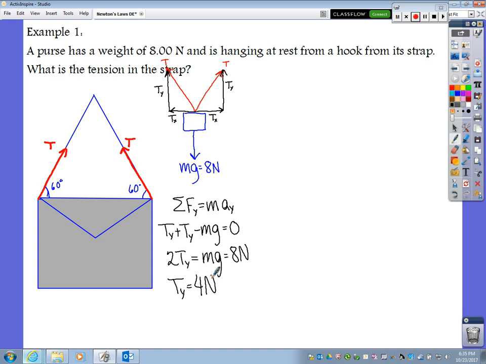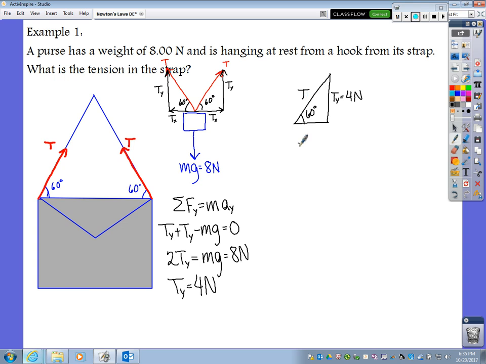Now, I'm going to just look at this triangle. I've been told from this diagram that this angle is 60 degrees, and the same thing on this side. So if I draw this triangle over here, I've got Ty equals 4 newtons. This is 60 degrees. I want to know the tension. I want to know the hypotenuse of that triangle.